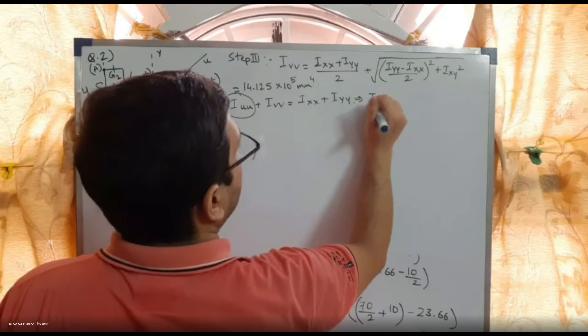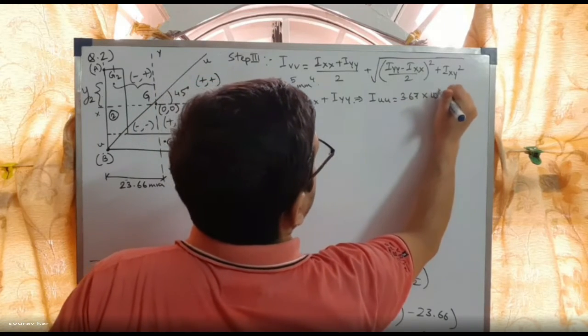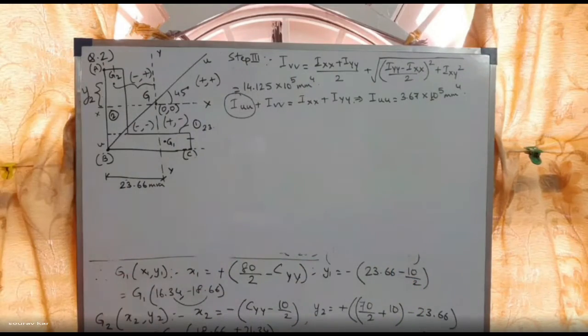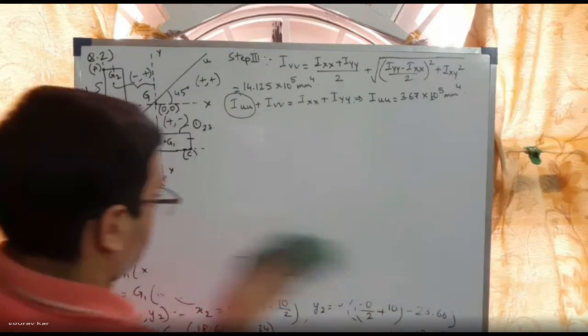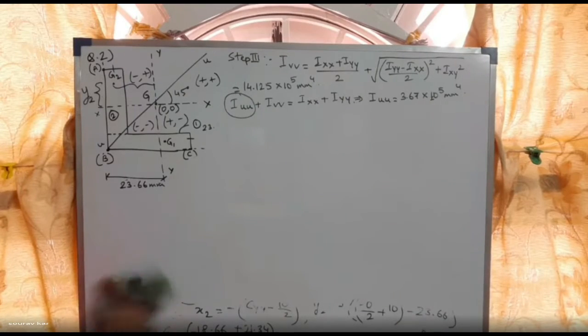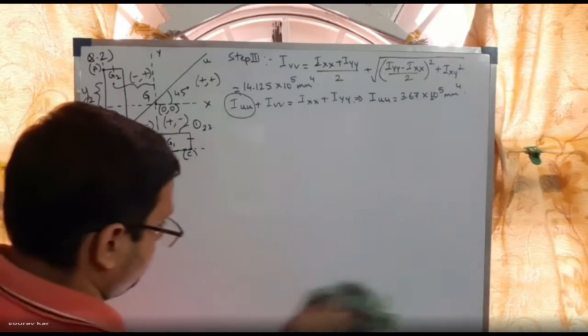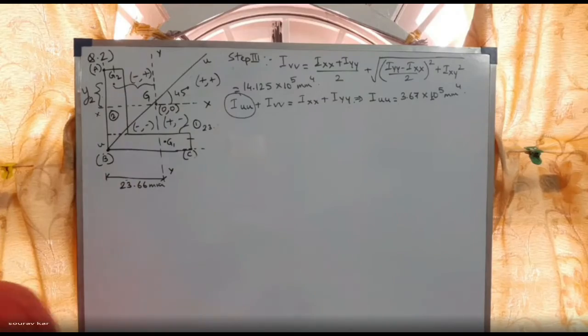So therefore IUU is becoming 3.67 into 10 to the power 5 millimeter to the power 4. So step 3, we found out this new principal axis.